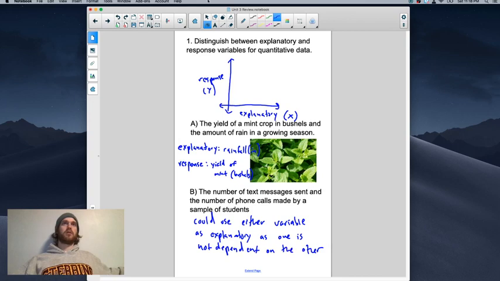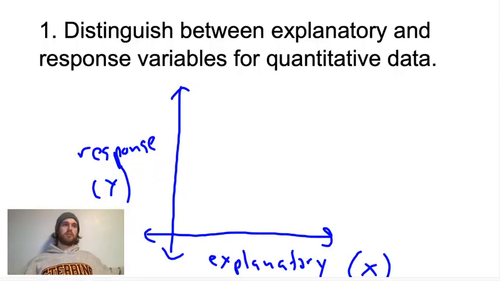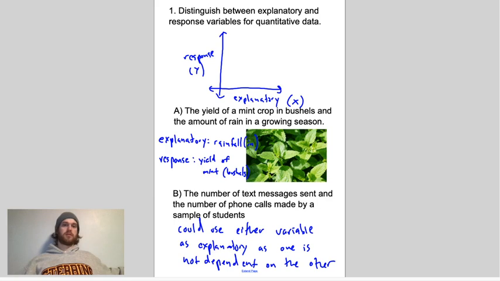Phone calls is not dependent on text messages and vice versa.